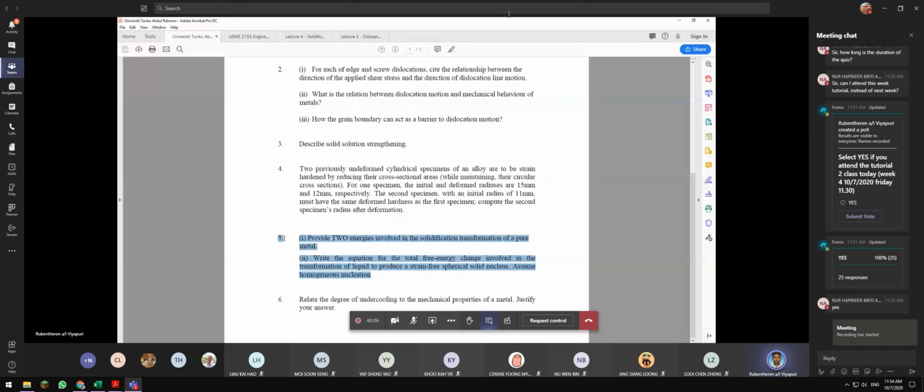Question number 5. Provide two energies involved in the solidification transformation of a pure metal. So this is this week's lesson. What are the energies involved in the solidification transformation of a pure metal?